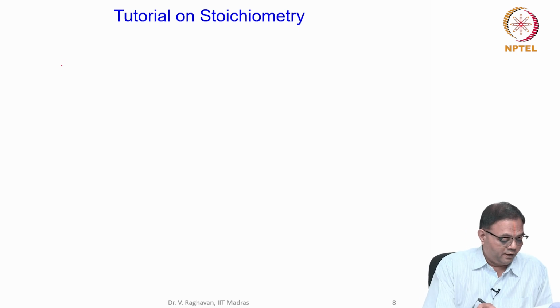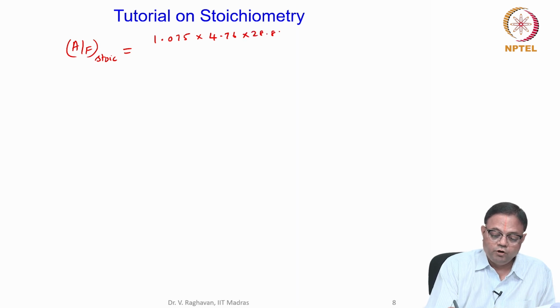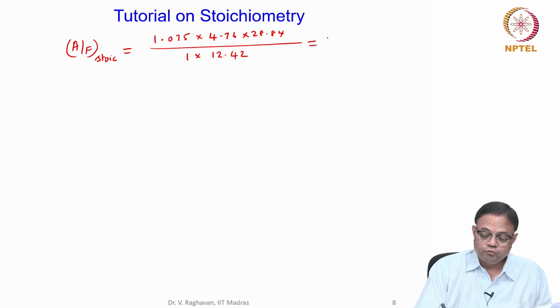That means I can say the stoichiometric air fuel ratio will be equal to A, 1.075, into 4.76 into the molecular weight of air, 28.84, divided by 1 mole of fuel, which has molecular weight of 12.42. So it's 11.882 kg air per kg fuel.